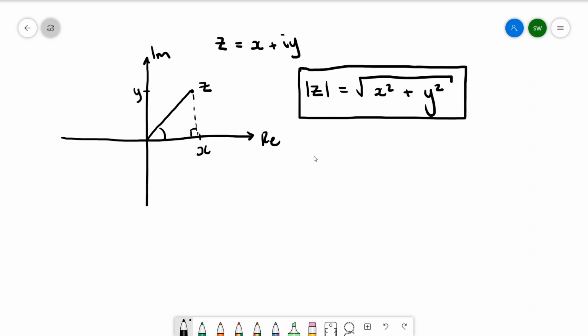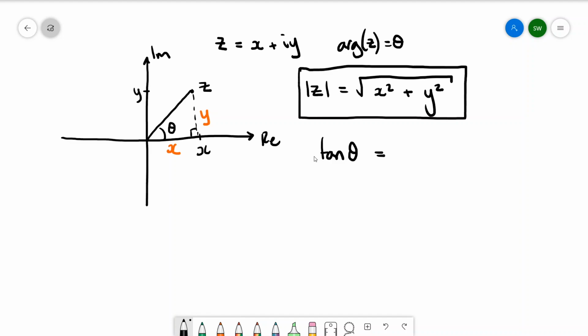And that's a really useful formula, which we're going to use quite a lot in the next few exercises. Another formula which can be quite useful is related to the argument. If we know that the argument of the complex number is theta, so arg z equals theta, then we know that tan theta is equal to, if you look at this triangle, opposite the angle theta is the length y and adjacent is the length x.